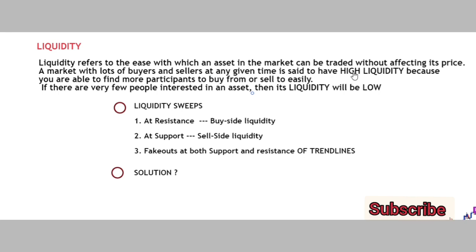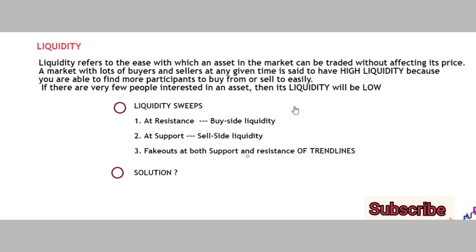A market with lots of buyers and sellers at any given time is said to have high liquidity. The more participants you have, buyers and sellers, the more liquidity you have in the market. That means they are placing more orders, so there is high liquidity, okay?